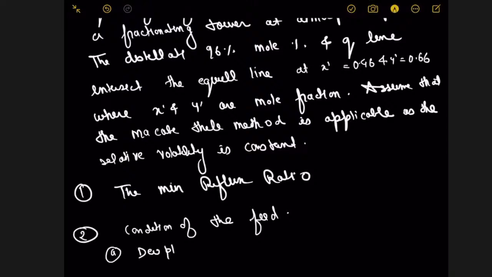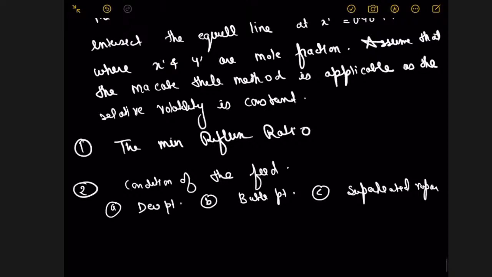The options are: dew point, bubble point, superheated vapor, and D, it is partially vapor.